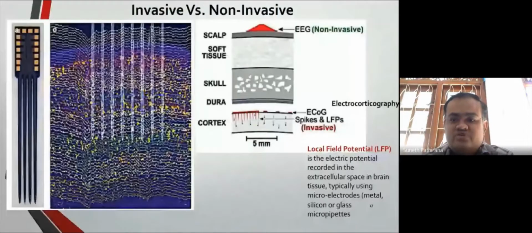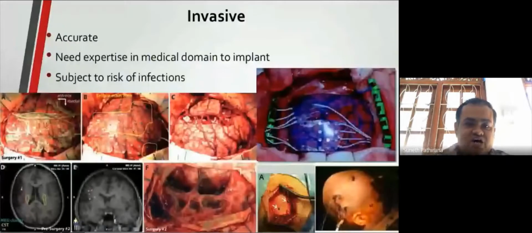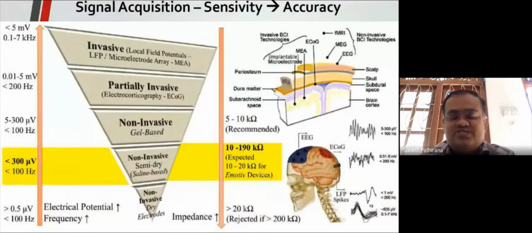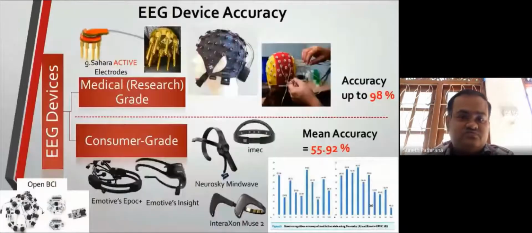So these are the techniques. Anyhow, invasive techniques are more successful, more sensitive, and more accurate. But there's a risk of infections, and there's an ethical issue. Invasive techniques are not permitted for computing researchers. That's for medical researchers.